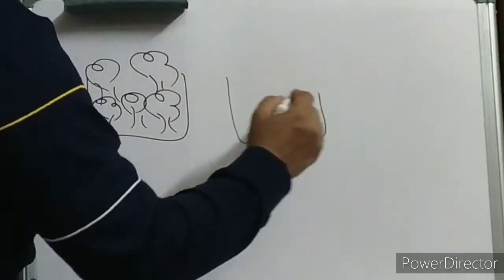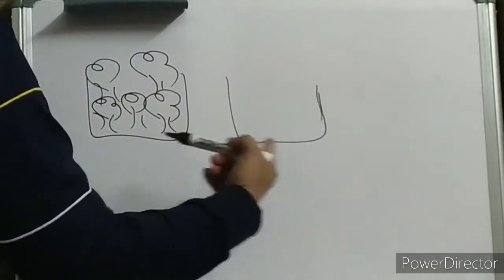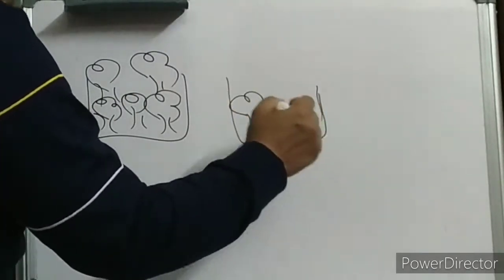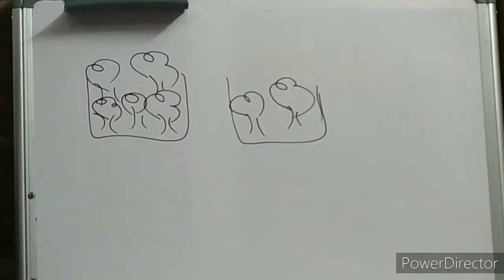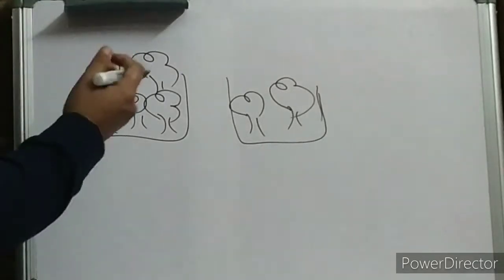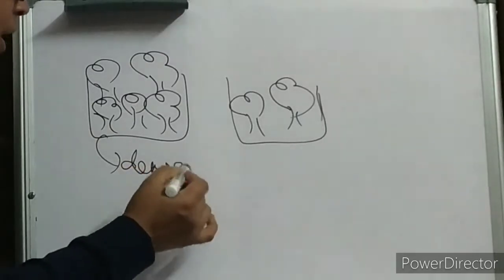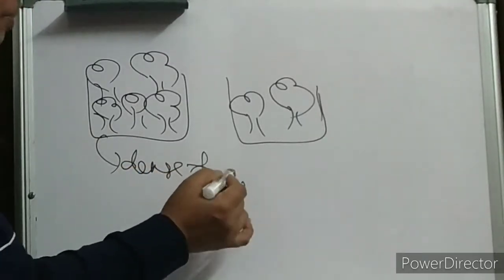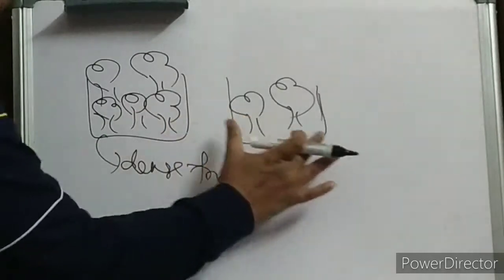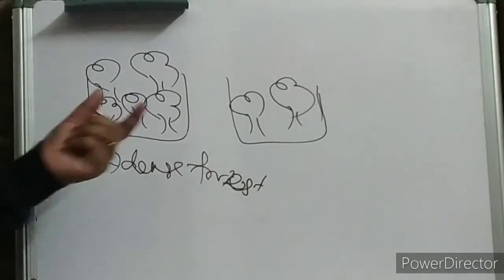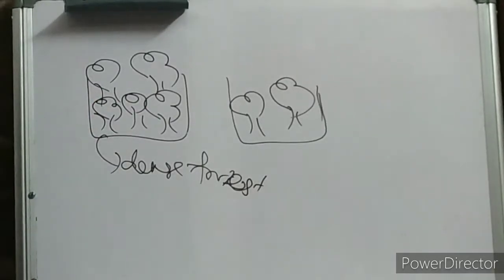Now tell me, observe, I have taken the same area, same forest size. Which one is denser? Which forest will you term as the denser forest? Definitely this one. This is your dense forest. Why? Because in a given area, more trees are there. So it is more dense. Hope I am clear with the term density. I think people can relate to it now.